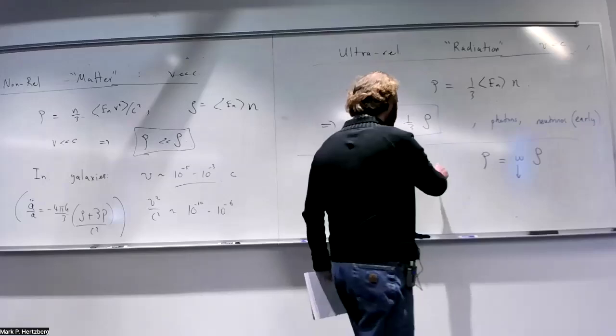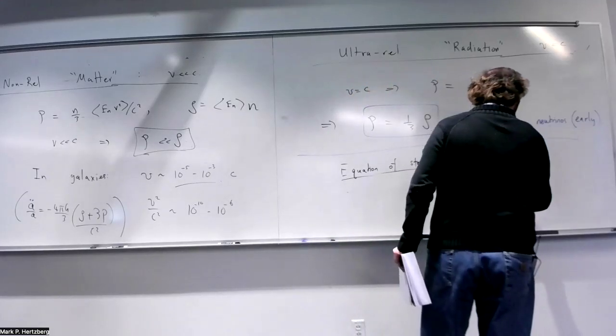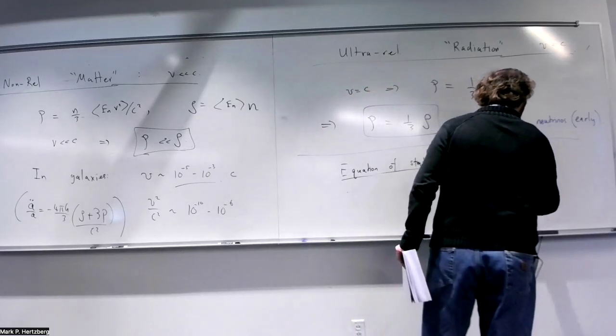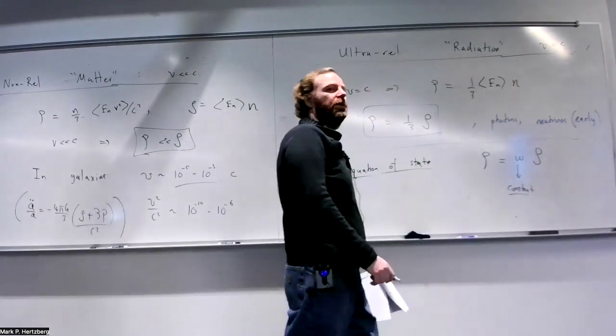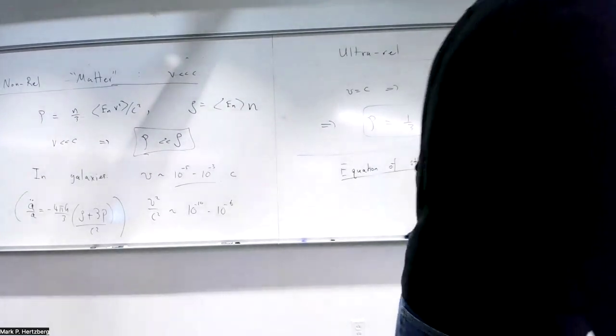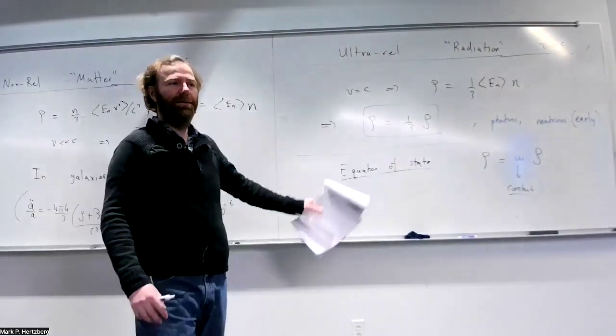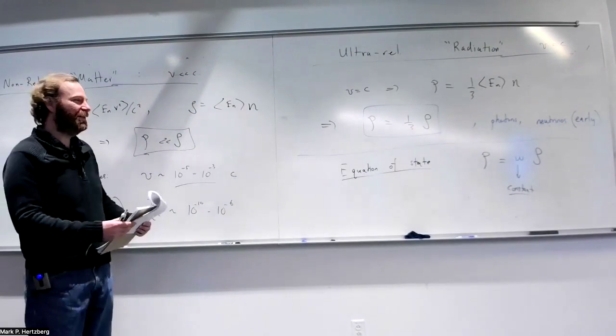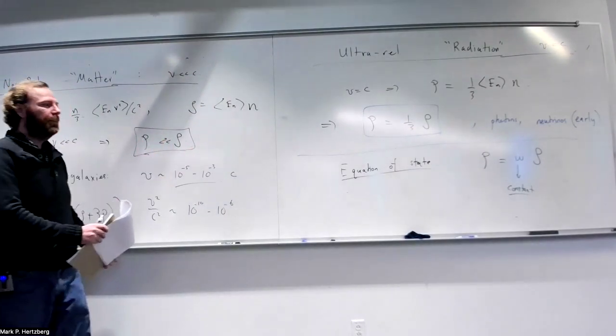So the equation of state that we're going to choose is where this w is a constant. And this turns out to be remarkably useful. But be warned, this is not a general fact of nature. That's not by itself a deep property of nature. This happens to summarize some important stuff.